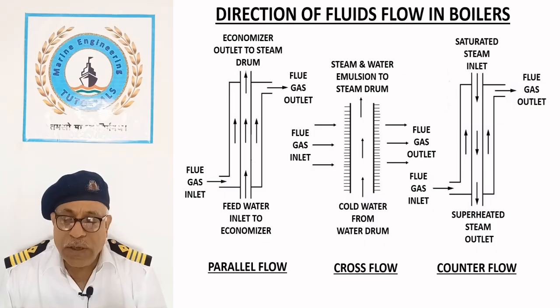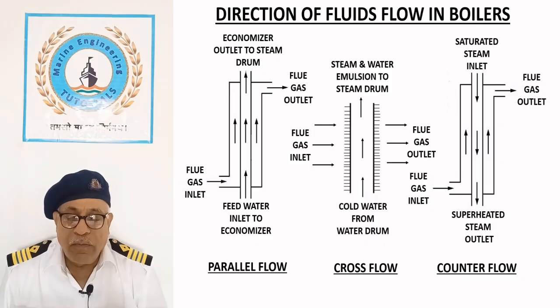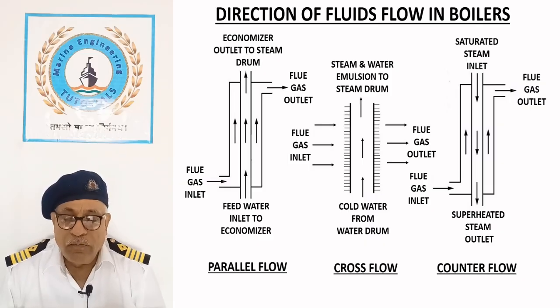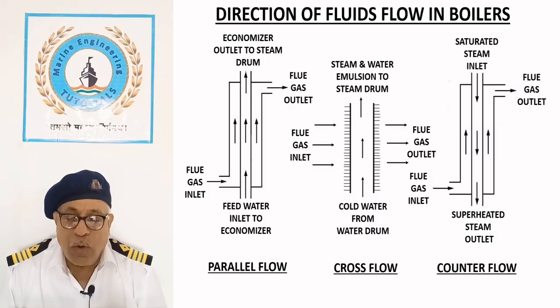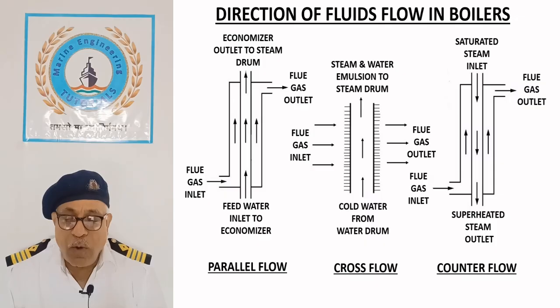However, maintaining such conditions often results in high mean metal temperature, which requires high-grade material. Although counterflow has several advantages over parallel flow, boilers mostly use parallel flow due to safety and reliability considerations.